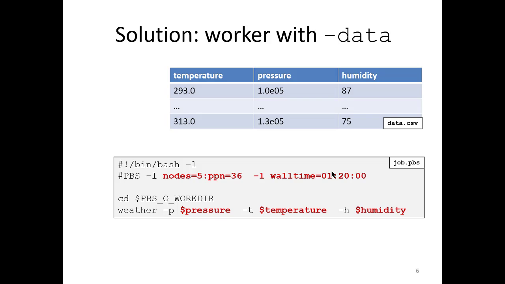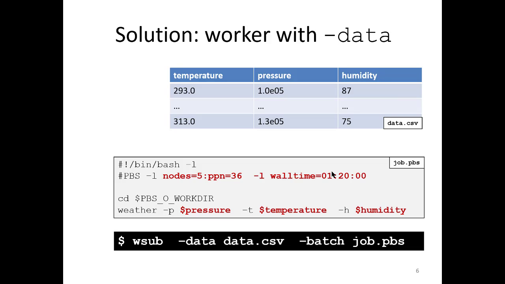The call to weather also changes a little bit in the sense that the actual values for pressure, temperature and humidity are replaced by bash variables with the names of the columns in the data.csv file. So the temperature column will be represented by the $temperature variable, and so on.